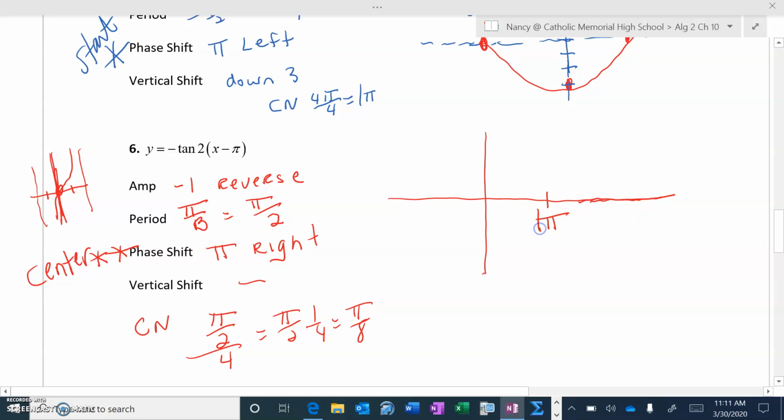And if I take 1 pi plus 1/8, and you can put on your calculators, it's 1 and 1/8. Put on your calculators and get it's 9/8. And if I take 9/8 plus 1/8, I get 10/8. Put on your calculator, which is 5/4.